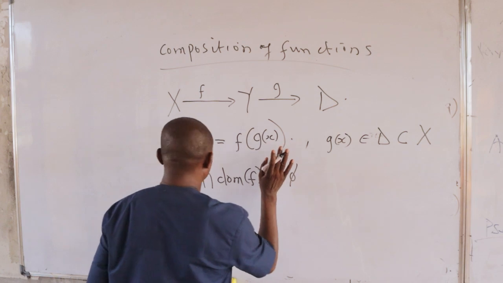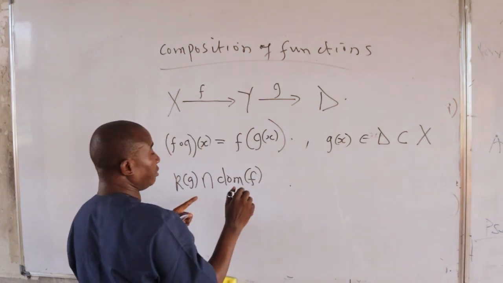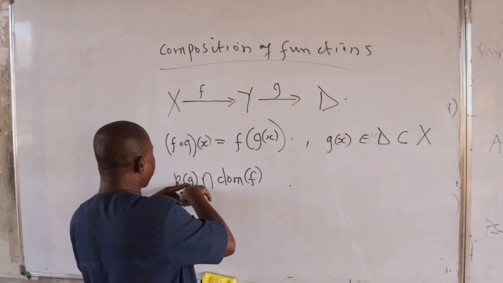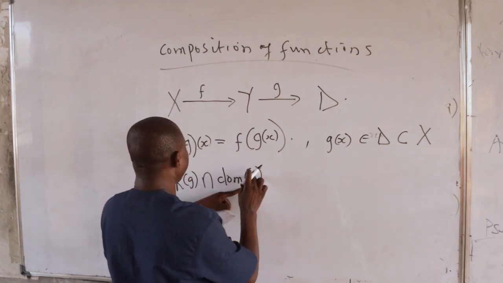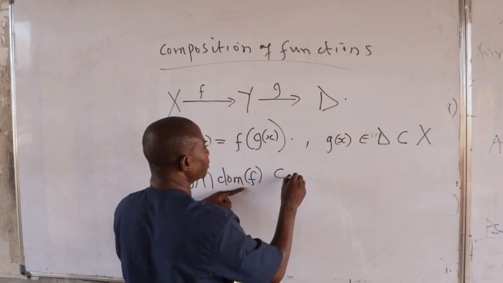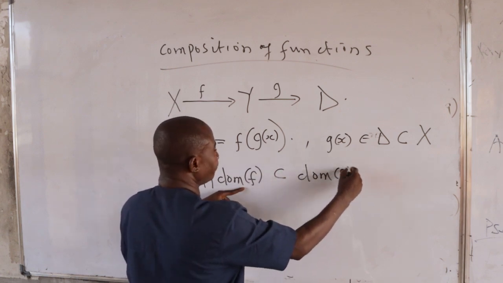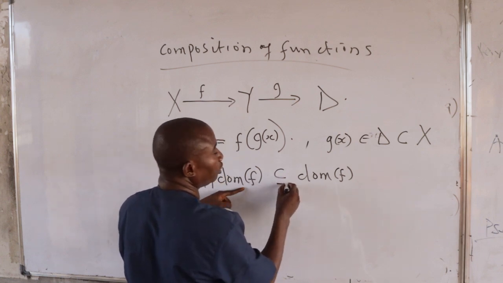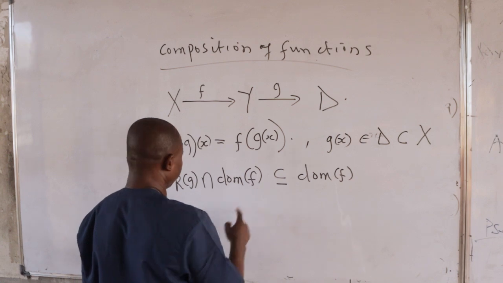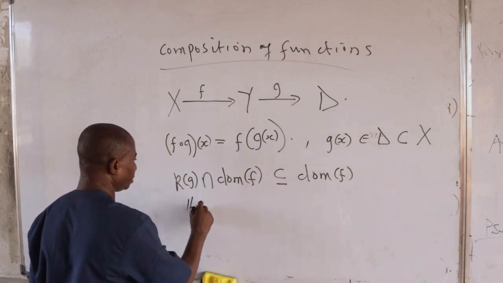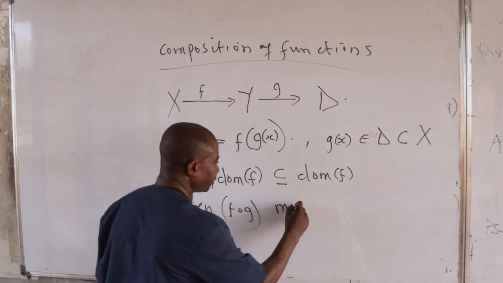In fact, we must demand rather that the range of the function g intersection the domain of the function f should be a subset of the domain of f. It can be the whole of the domain or a proper subset, no problem. When this happens, f composed with g makes sense.